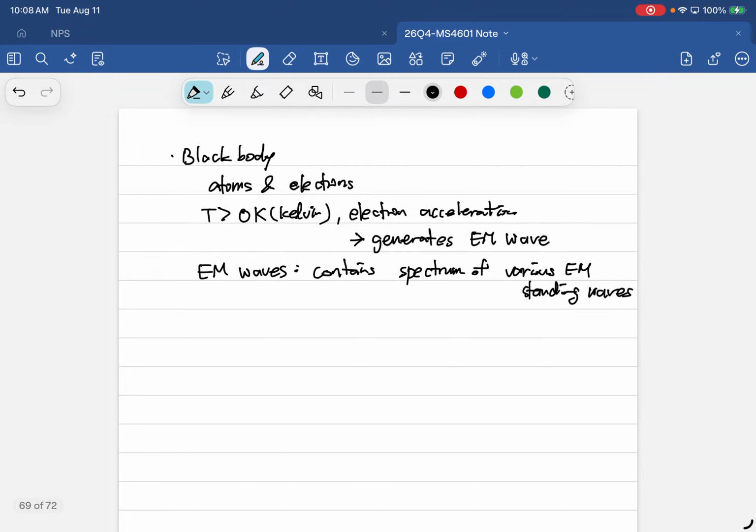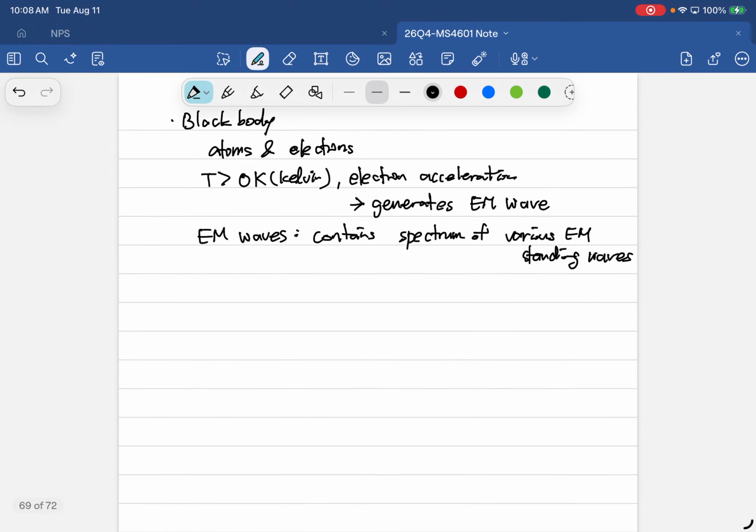Think about this black body. By definition, it is described as having a very small hole. Once light comes in, it bounces around, is completely absorbed, and then the electromagnetic wave is completely emitted.